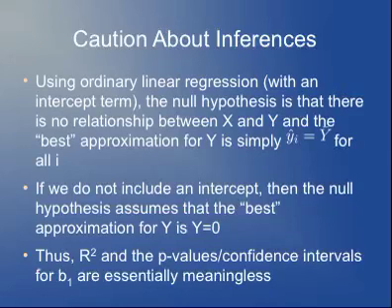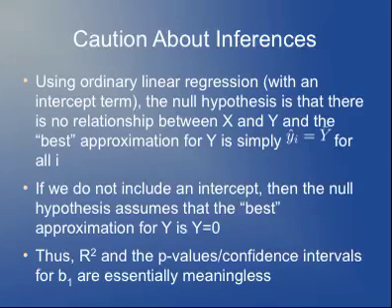So that's why I don't recommend ever using regression through the origin, even in situations where it seems reasonable not to include an intercept in the model, just because when I use regression, the vast majority of the time, the null hypothesis that I really care about is the null hypothesis that the slope is 0.